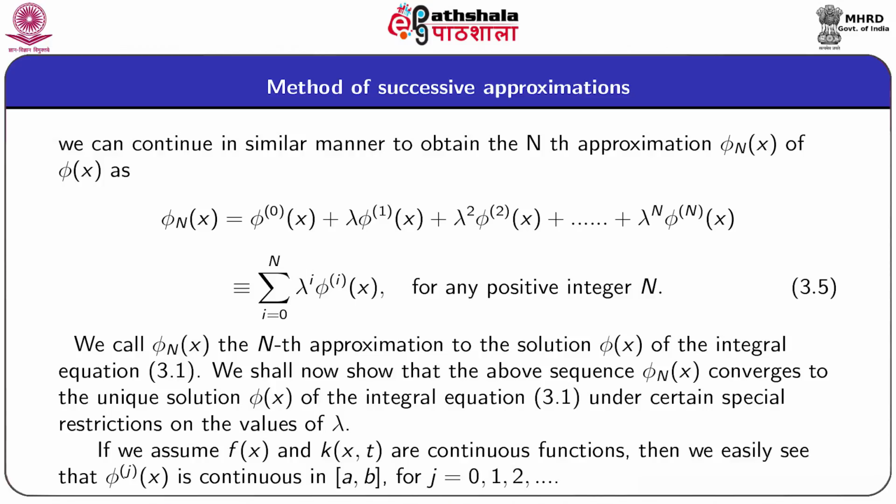Now, we shall show that the above sequence phi n x converges to unique solution phi x of the integral equation 3.1 under certain special restriction on the values of lambda.